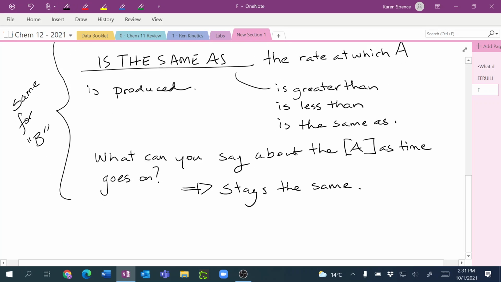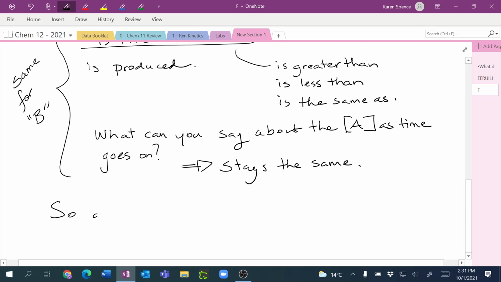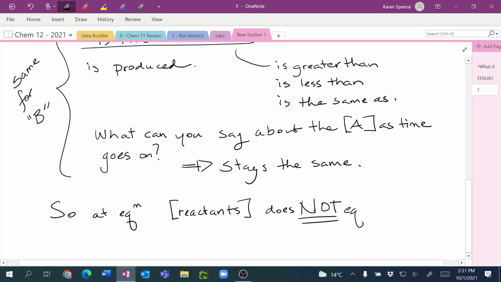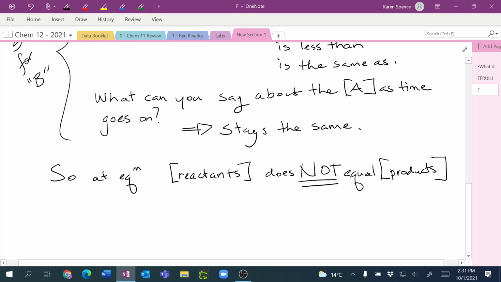Yes? At equilibrium, concentration of reactants does not equal concentration of products, but the concentrations remain constant.